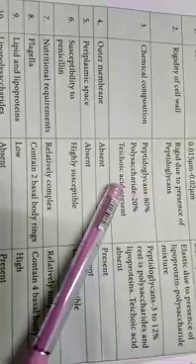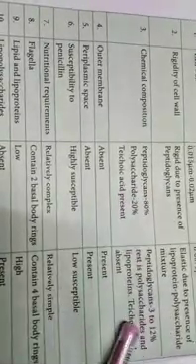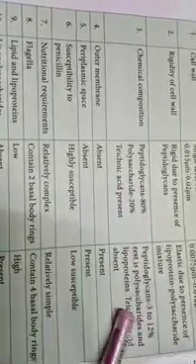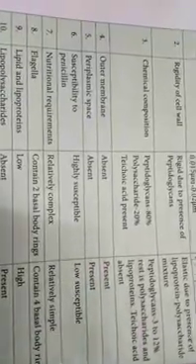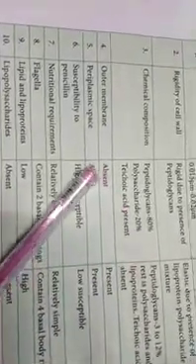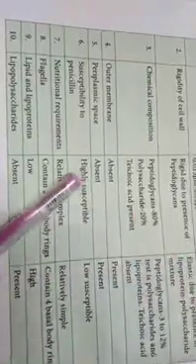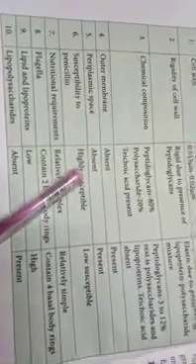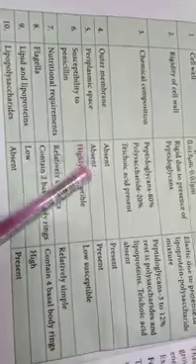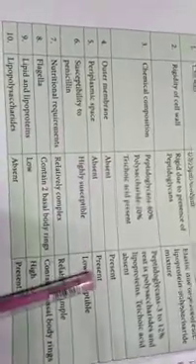One more point is that teichoic acid and teichuronic acid are present in gram positive and absent in gram negative. The outer membrane is absent in gram positive and present in gram negative. The periplasmic space is absent in gram positive and present in gram negative. It is noted in the diagram, but it is one more important point in the differentiation.